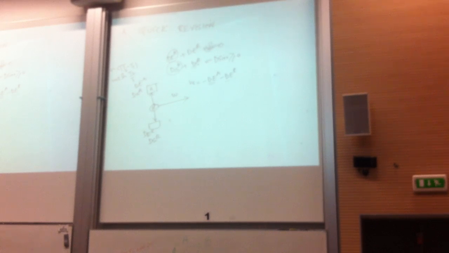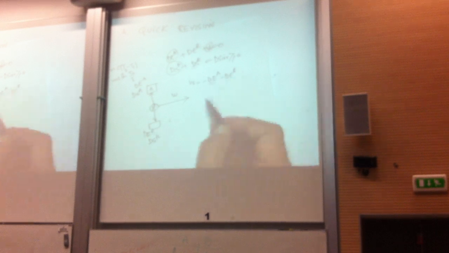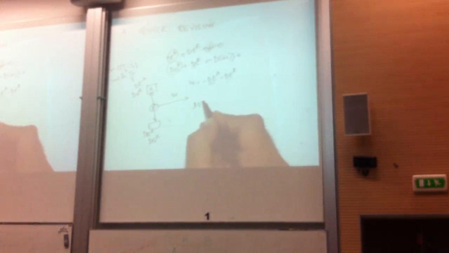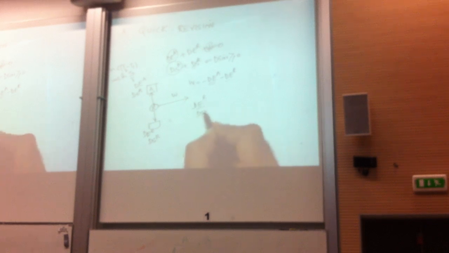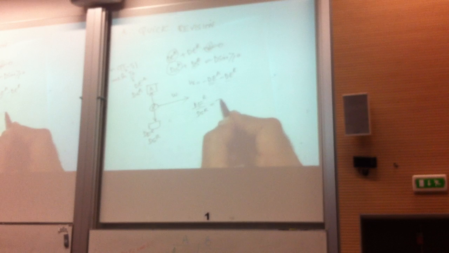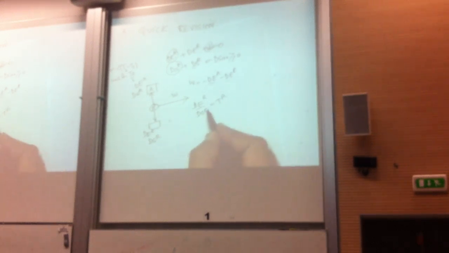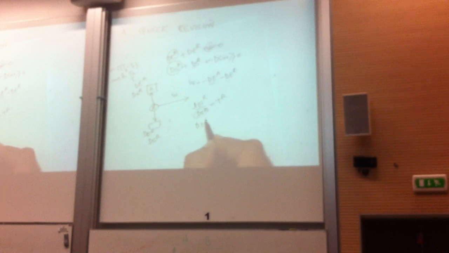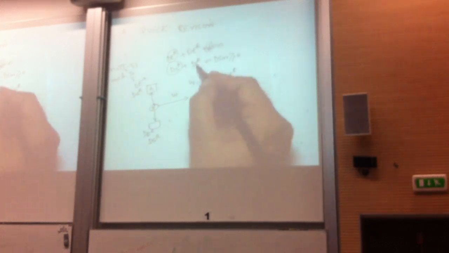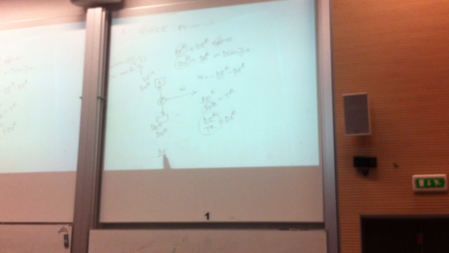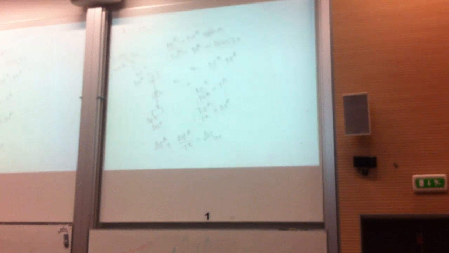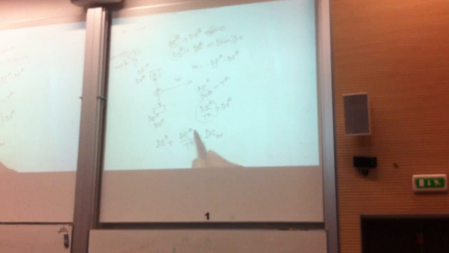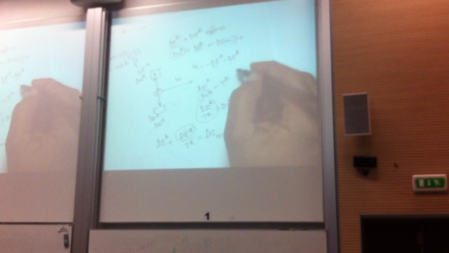You use the definition of the temperature of the reservoir: dE of R over dS of R equals T_R, which means that dS of R is equal to dE of R over T_R. If you plug in this relation, it becomes dS of A plus dE_R over T_R equals dS_IRR.